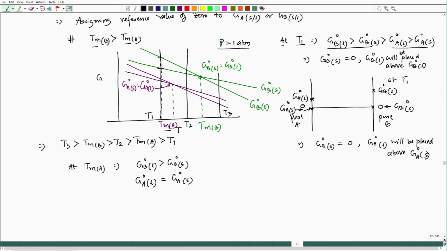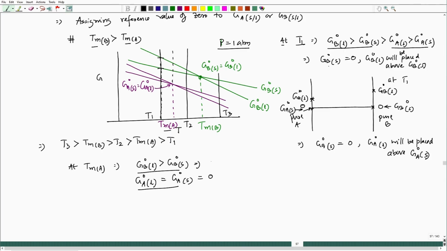Since these are equal, I can take them to be 0, and at this particular temperature these two quantities are greater than GA liquid as well as GA solid with the standard values. So, this can be assigned as 0.